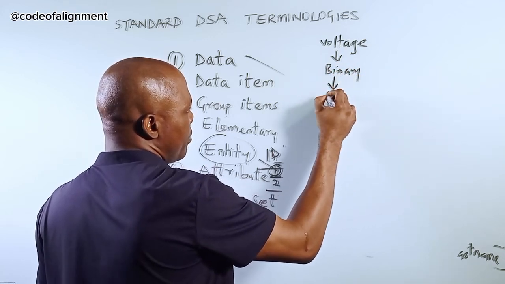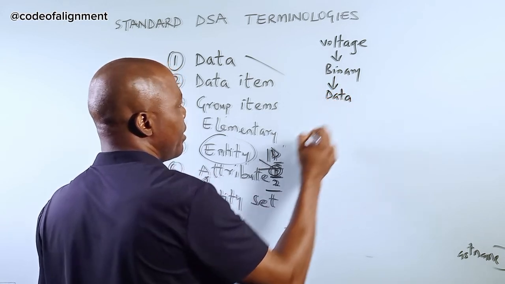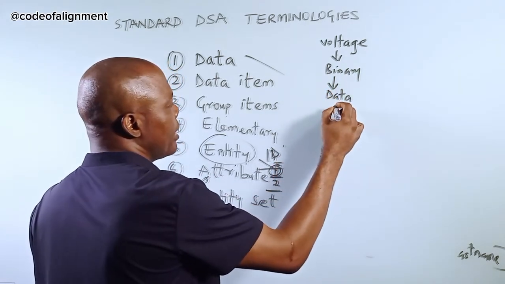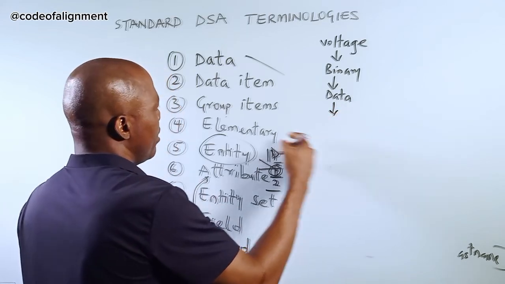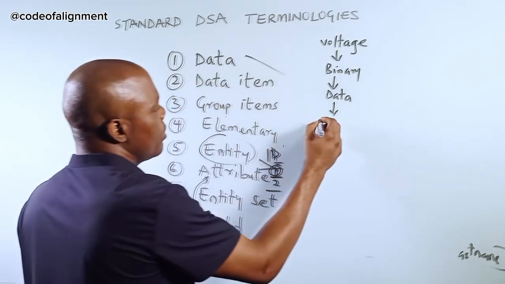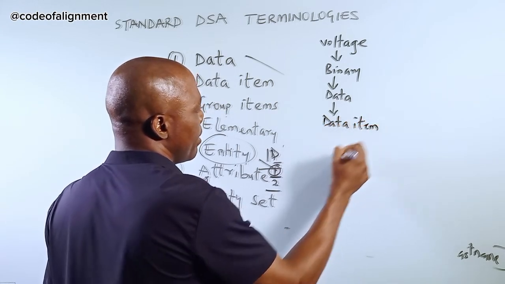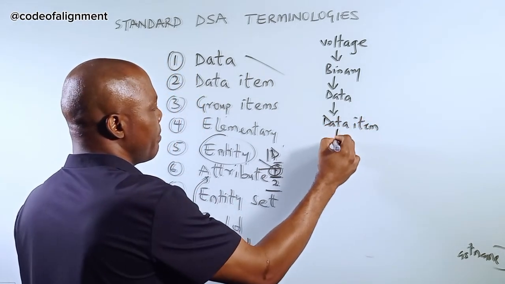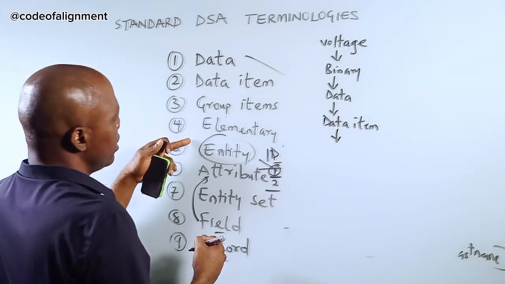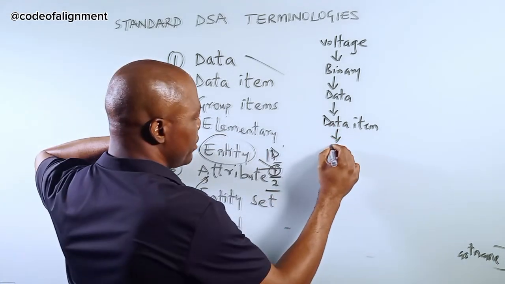Then from there, we came to what? Data, right? Now, from this data, which is what you are looking at here, we go to what? Data item, right? From this data item, we move to what? From data item, we move to field.